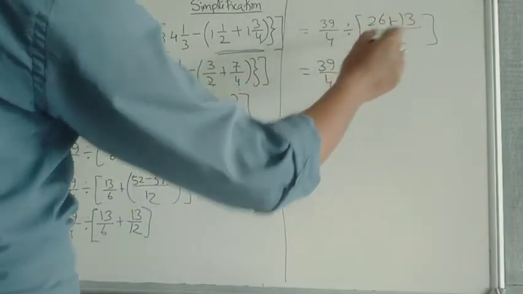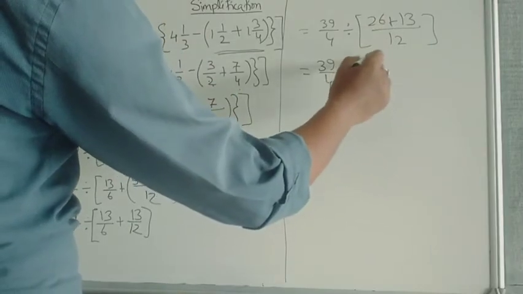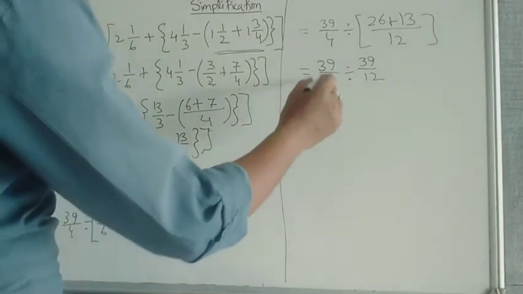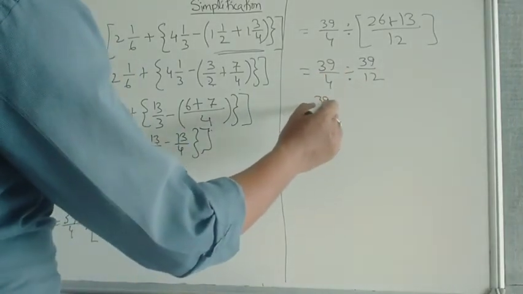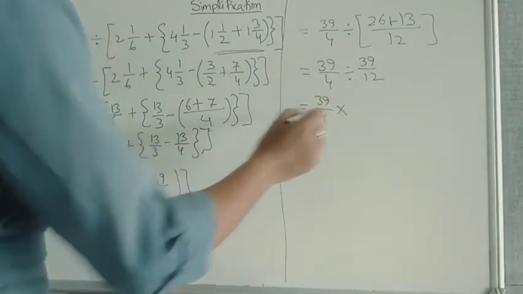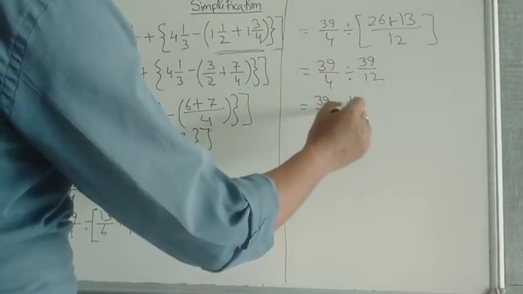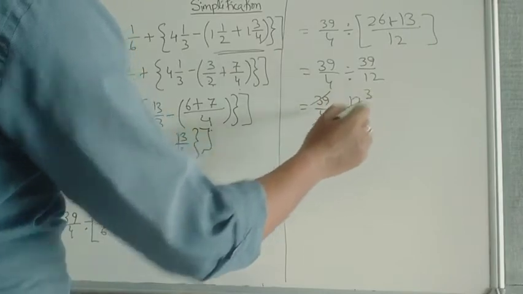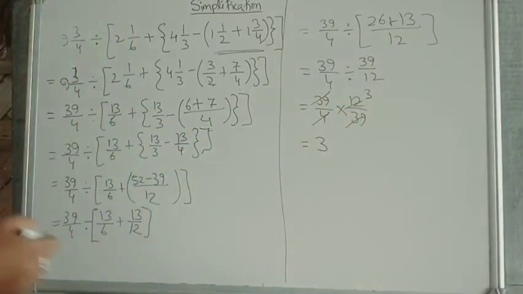So 26 plus 13, it will become 39 by 12. Now divide, it will become 12 by 39. 39 get cancelled, 4, 3 get cancelled, so 3 is your answer.